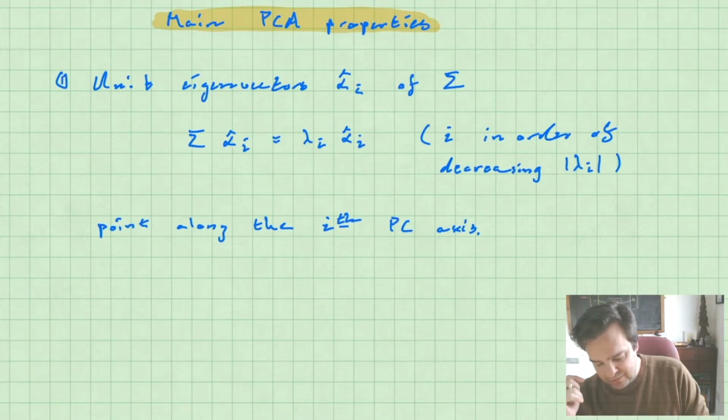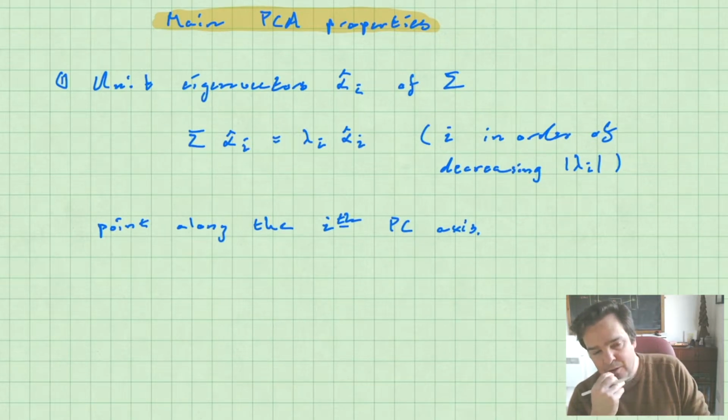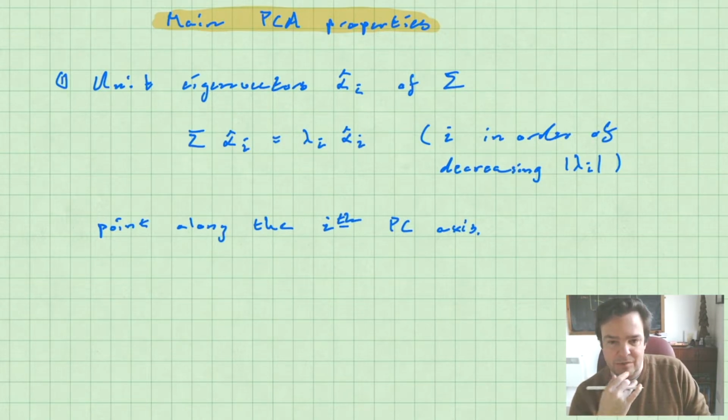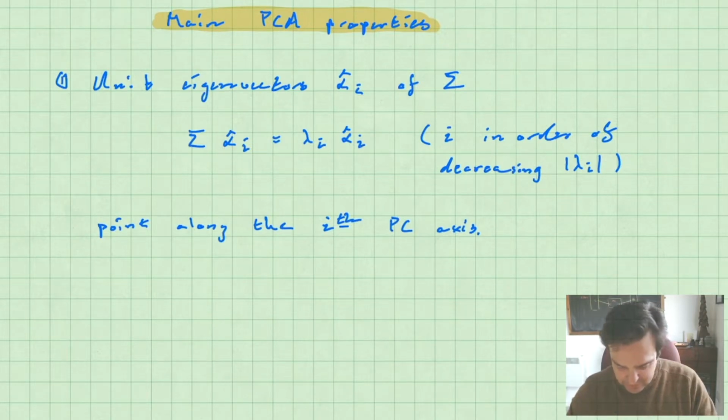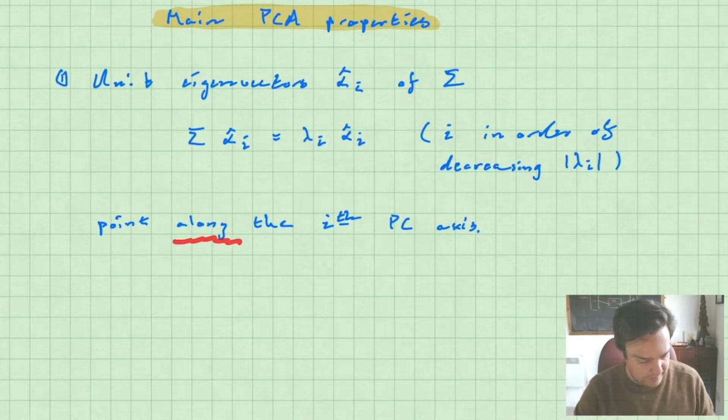And because of that, we'll see some unusual, or maybe hopefully not at this point, because I'm mentioning this, some unexpected discrepancies between different methods, where one method's unit eigenvector points in precisely the opposite direction as some other method. And that's fine. There's a freedom for that here, because this statement, points along the ith PC axis, is open-ended, right? There's two versions of along. Okay, so that's property number 1.